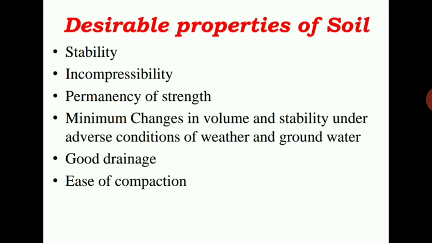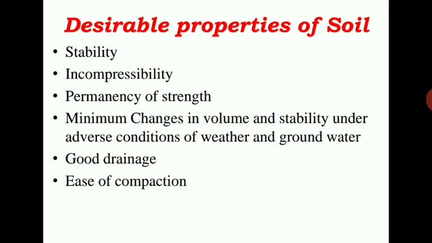At the initial stage, however that property has been maintained, after certain years that property should remain the same. So here we should maintain the strength in a permanent way, which is influenced by both internal factors as well as external factors.